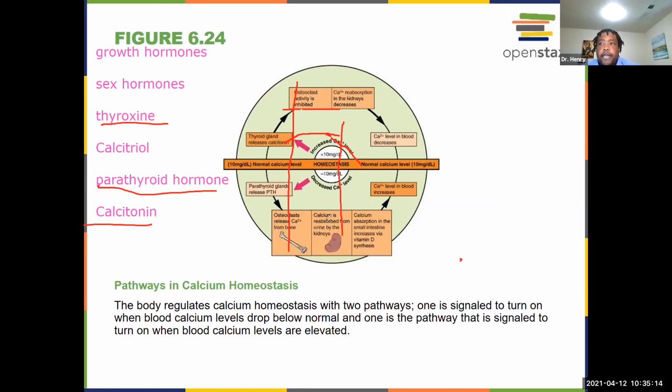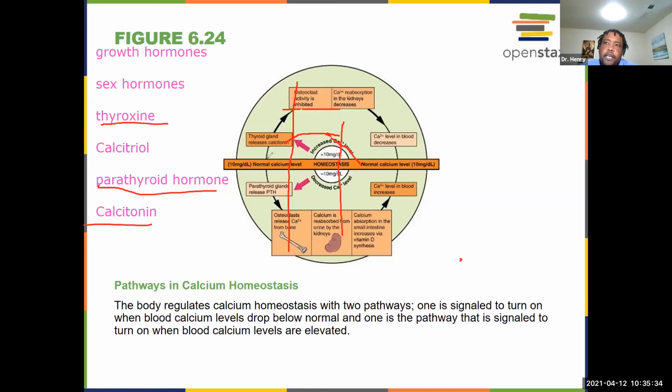Okay, so then calcium is going to be reabsorbed by our kidneys, and calcium absorption in the small intestine is also going to be increased by vitamin D synthesis. So then our calcium level in the blood is going to increase.